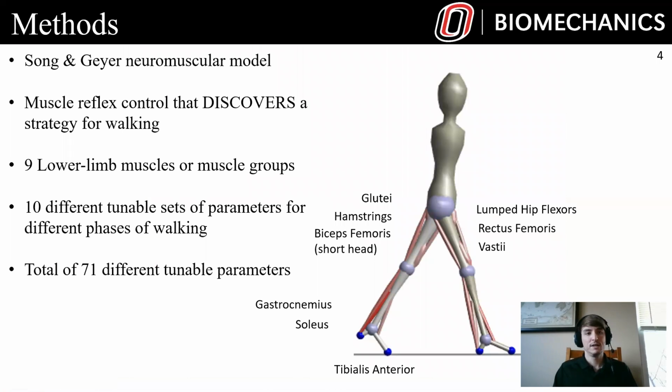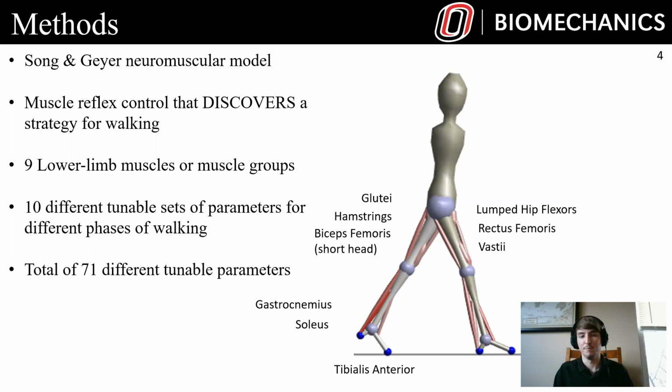So Dr. Song, who is a collaborator on this project, created this really cool neuromuscular model with Dr. Geyer. It uses 9 lower limb muscle groups and implements a muscle reflex controls hierarchy that discovers a strategy for walking. So what we want to make clear is we don't give it any experimental data.